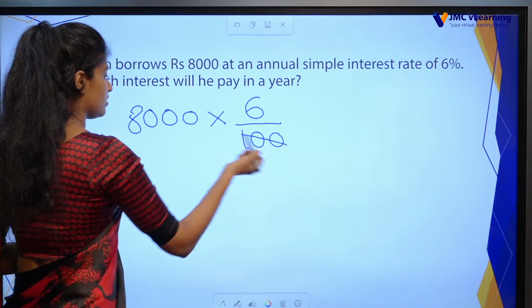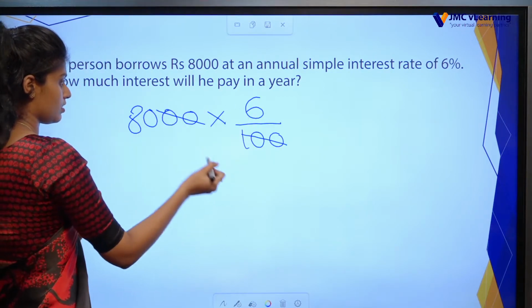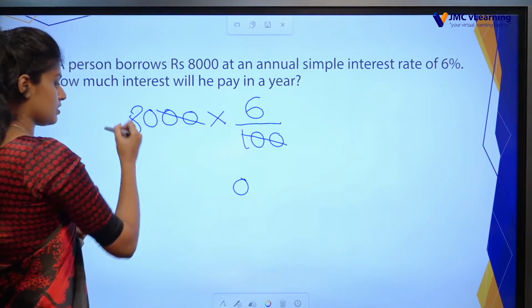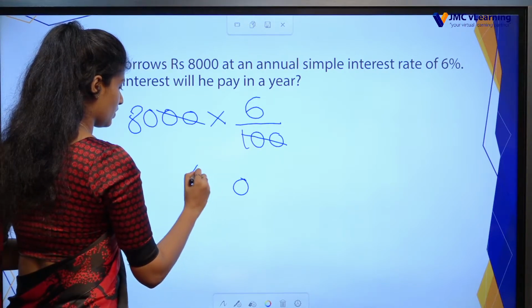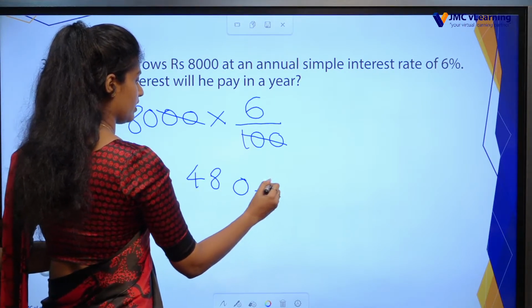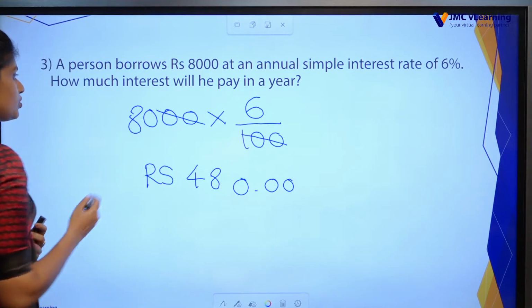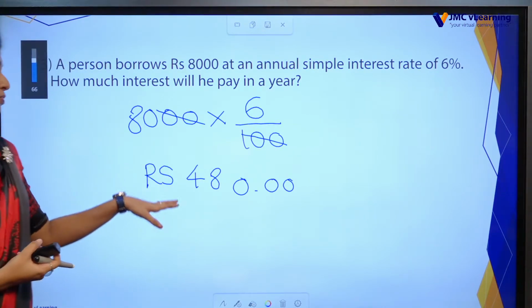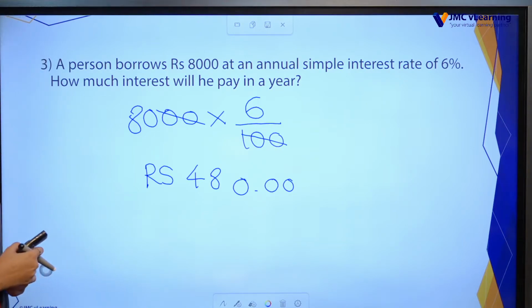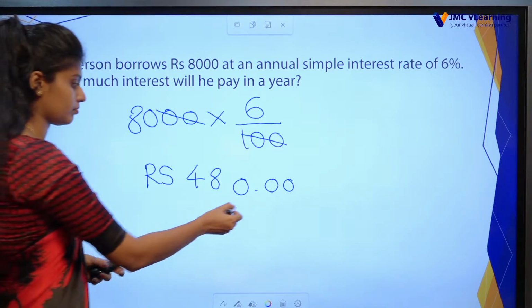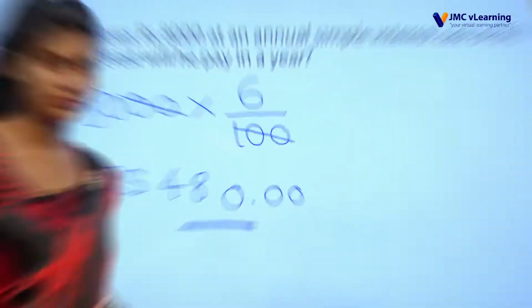Simplify. Then 6 into 0, 0. 6 into 8, 48. Then after 1 year, he has to pay 480 rupees as the interest. This is the answer.